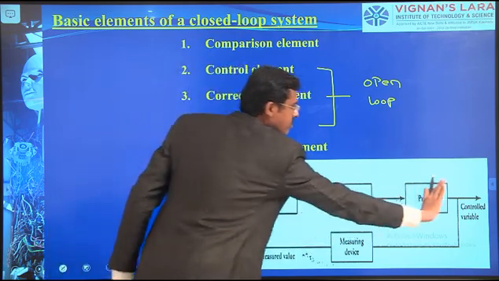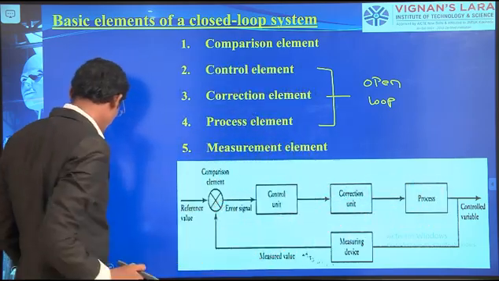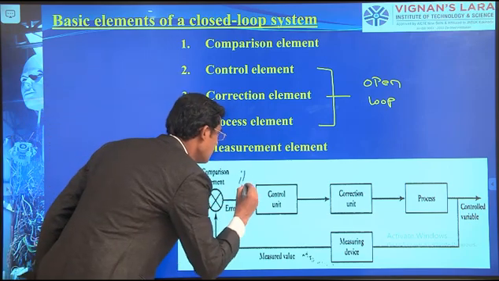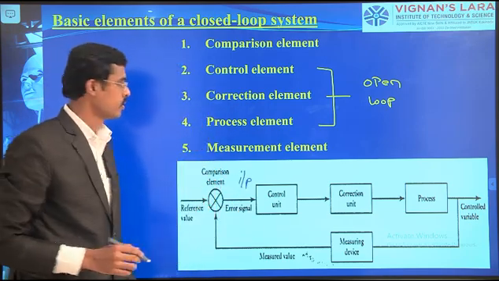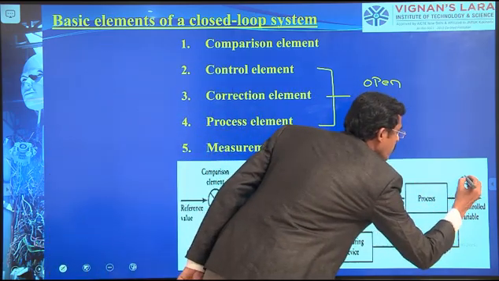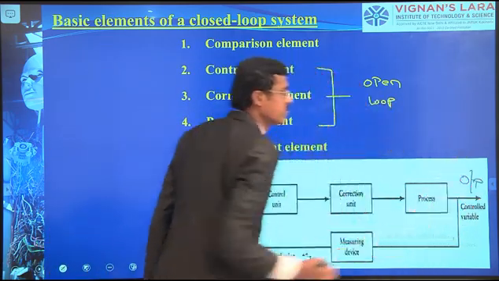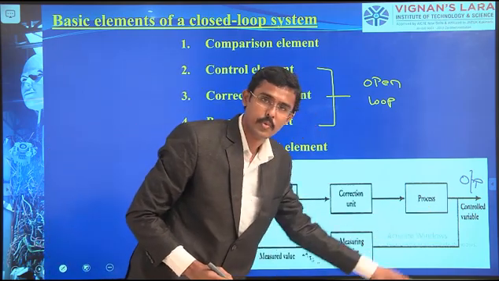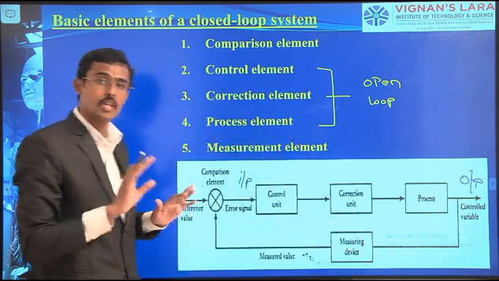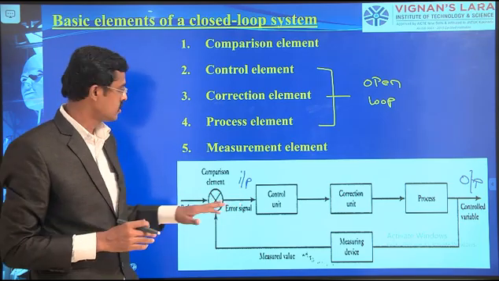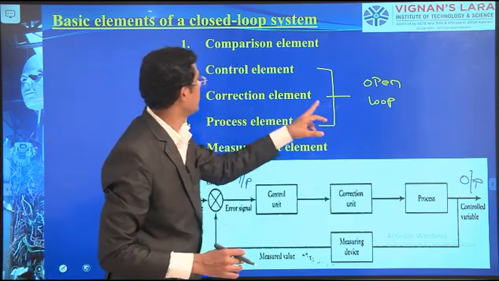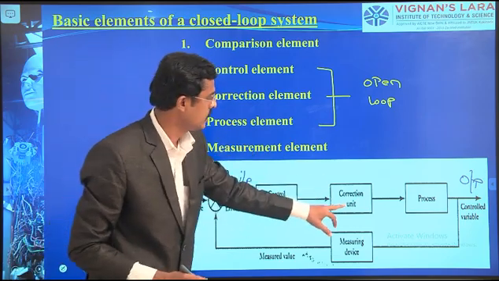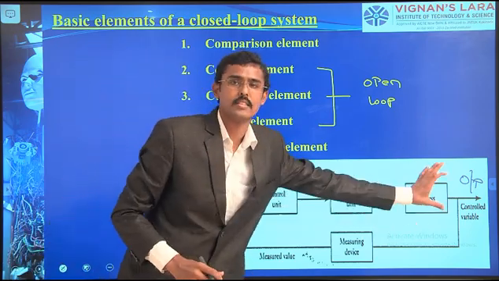Here we have given an input, and we have taken an output. This measurement loop feedback system, the closed loop system, is not there. Only these three parts are there: control, correction, process. This top line, the three.